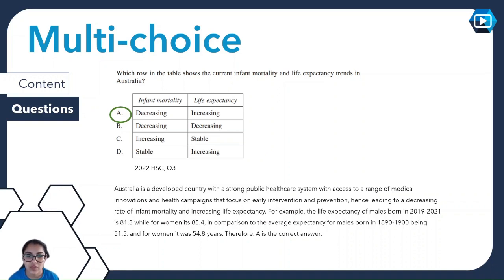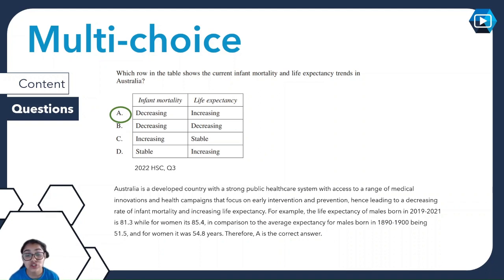And we saw that within the graph, but also we know that the life expectancy of males born between 2019 and 2021 is 81.3, so that's more recent, whereas for women it's 85.4. That is in comparison to the average life expectancy of males born in the 1890s, 1900s, being just about 51.5, and for women it was around 54.8.